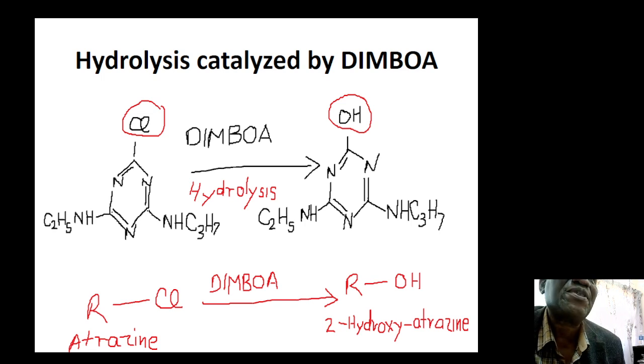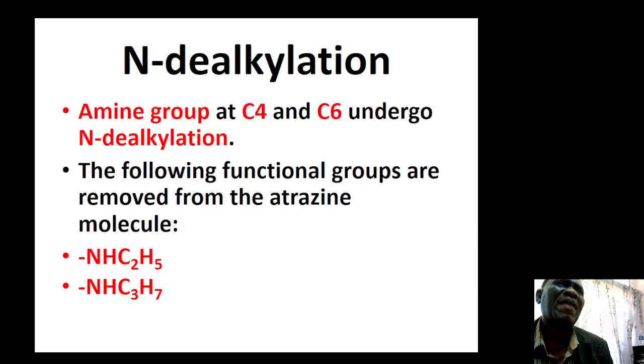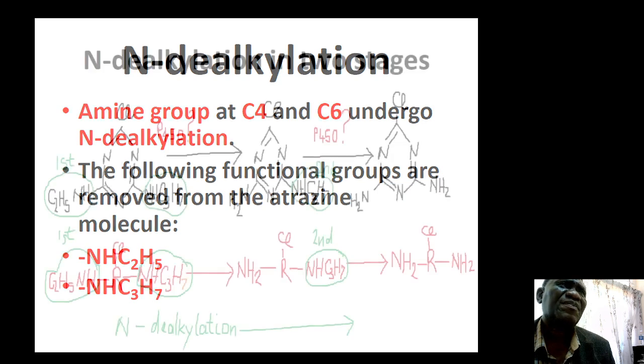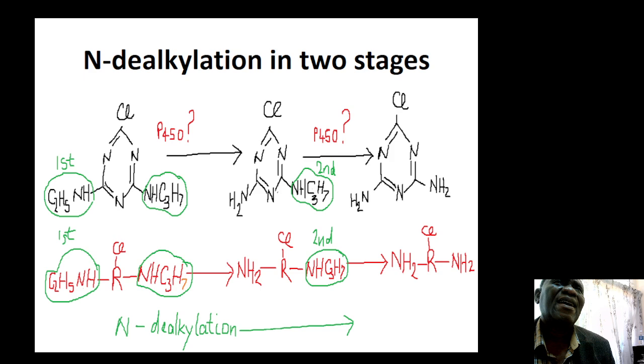This is the actual process, hydrolysis facilitated by DIMBOA, where you replace Cl with an OH. There's also a possibility of dealkylation, removal of the ethyl groups. Those can be removed, forming the amines, as we discussed.